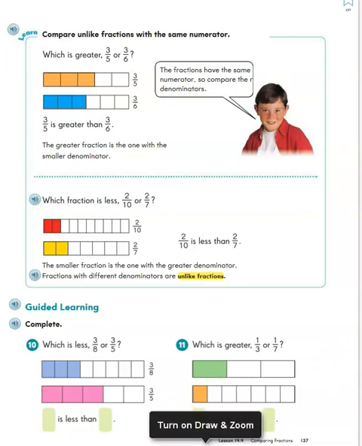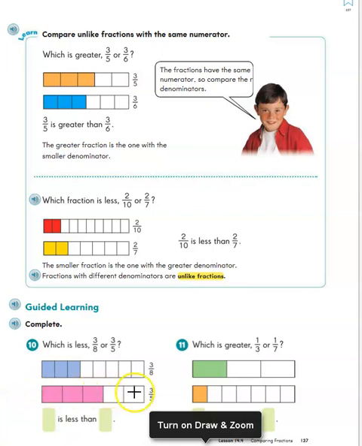Our first problem, number 10, says, which is less, 3/8 or 3/5? We can tell that 3 out of 8 would be less than 3 out of 5, because as we split that into more pieces, the pieces get smaller, right guys?